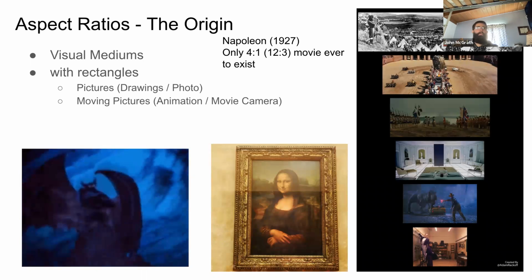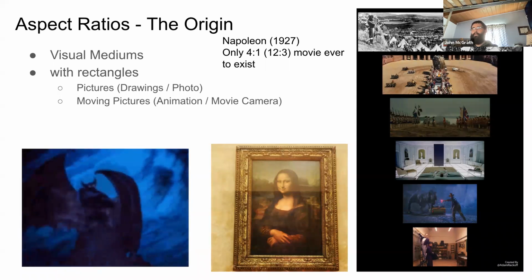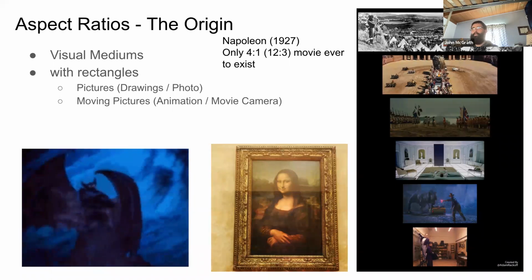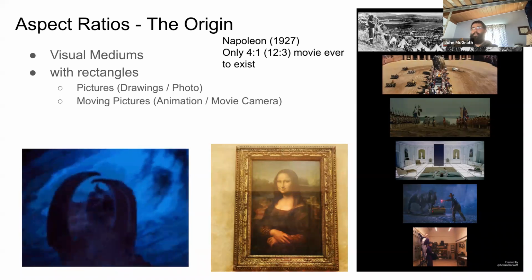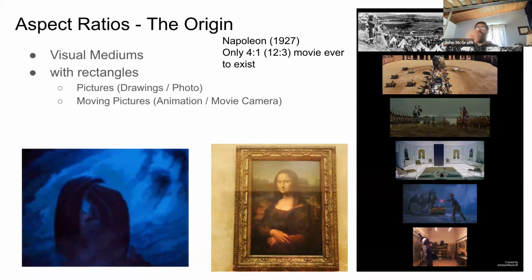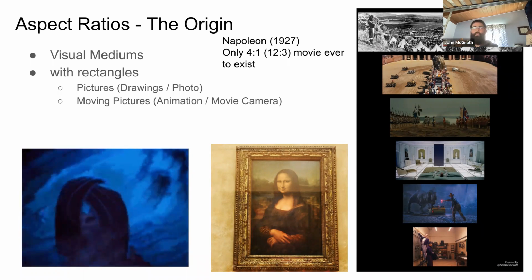The origin of how aspect ratios came to be are visual mediums, first being drawings like paintings and pictures, then came photography. And then when the visual medium has moved forward, there came a series of captured photos to create animations such as moving pictures.